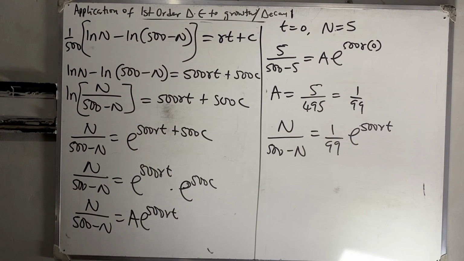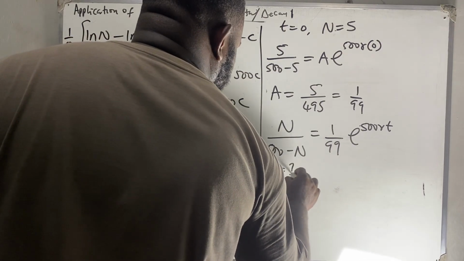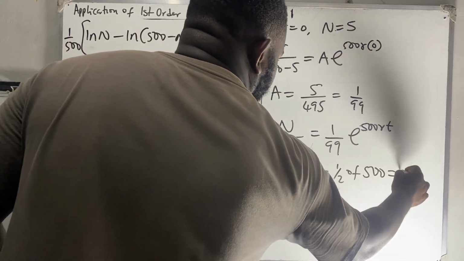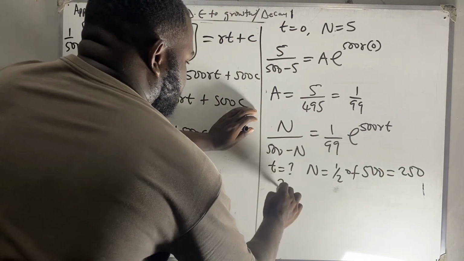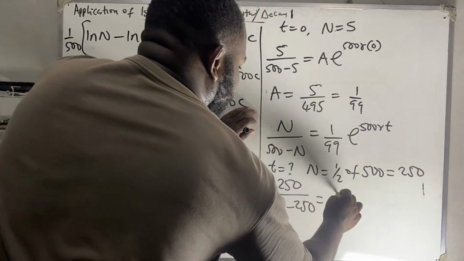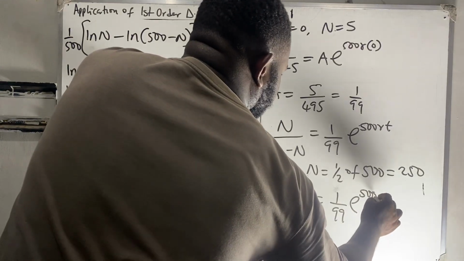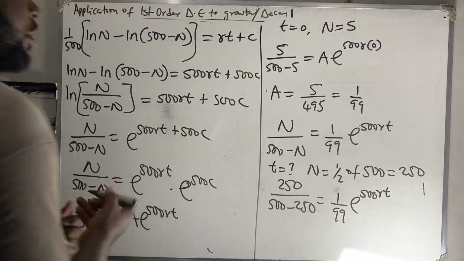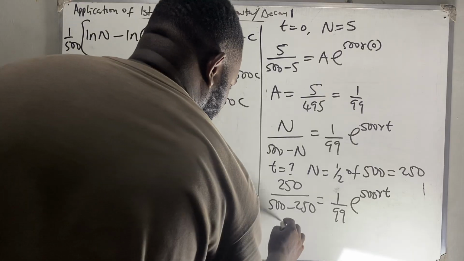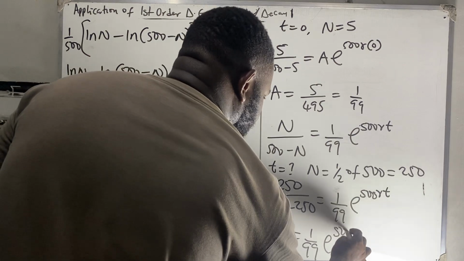So we want to find t when n will be half of the 500, and half of 500 is 250. So I'm having 250 divided by 500 minus 250 is equal to, my a is 1 over 99, exponential 500rt. Because we don't know our r. So 250 over 250 will give us 1. 1 is equal to 1 over 99 exponential 500rt.